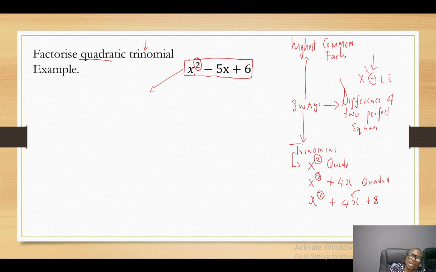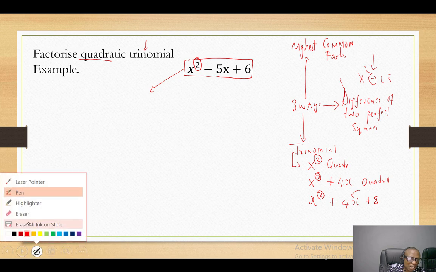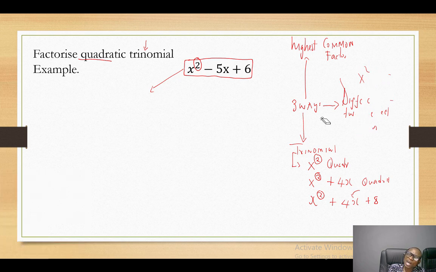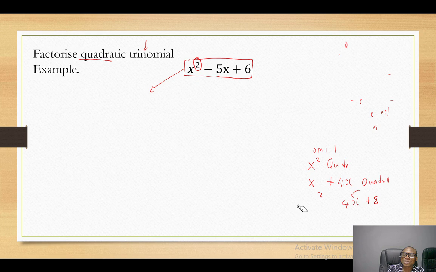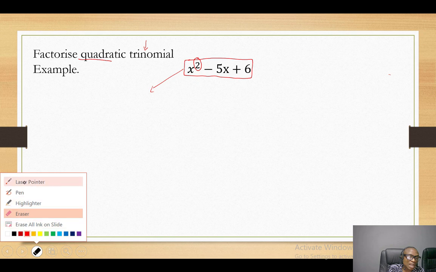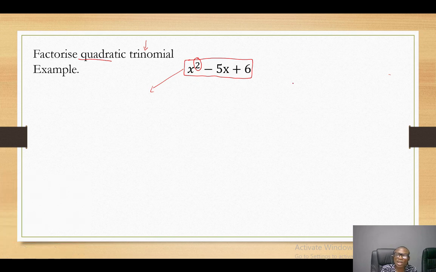How do we do it? Okay, factorizing a quadratic, which is another important skill. Actually, these algebraic skills are very, very, very important. So how do we factorize x squared minus 5x plus 6? We are factorizing a quadratic trinomial. So what you do, you open two brackets. So you go to your first term, which is x squared.